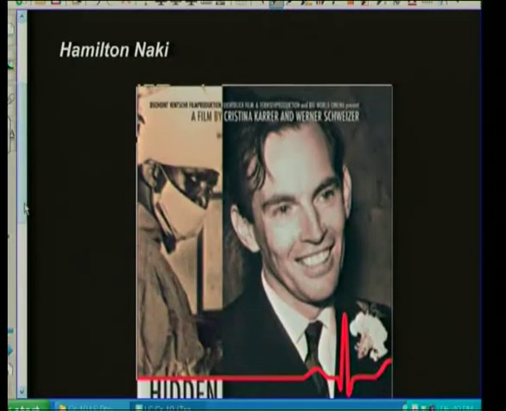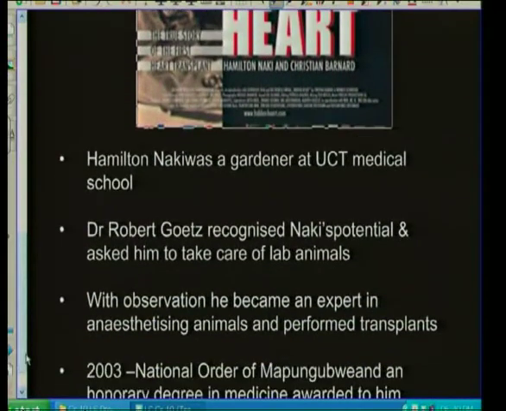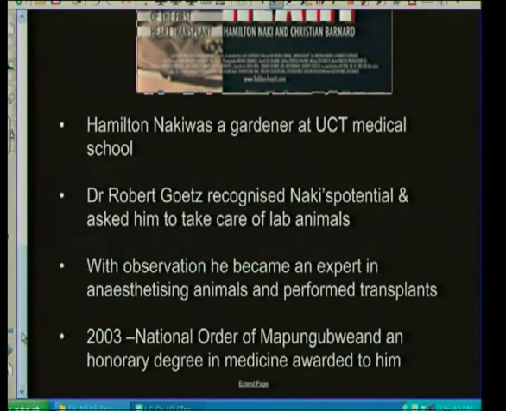Another important name that cropped up with Chris Barnard is Hamilton Naki. He was a gardener at UCT Medical School, and Dr. Robert Hutz recognized his potential and asked him to take care of lab animals.